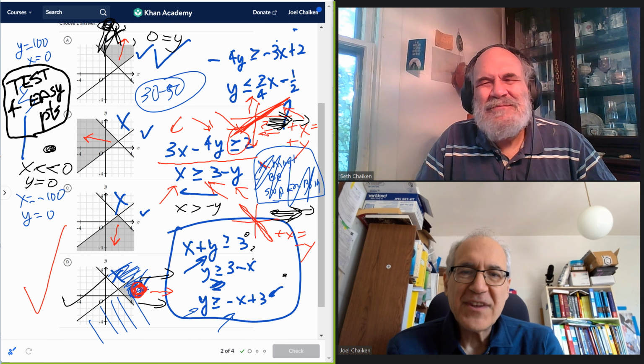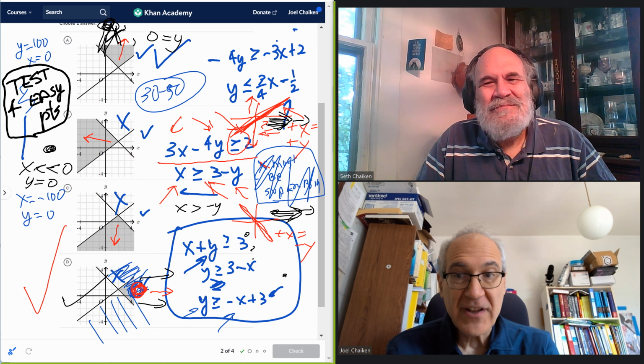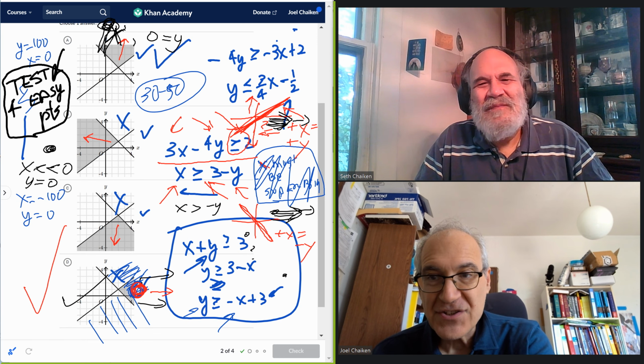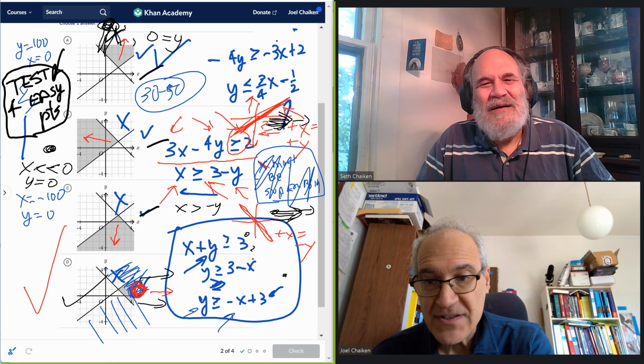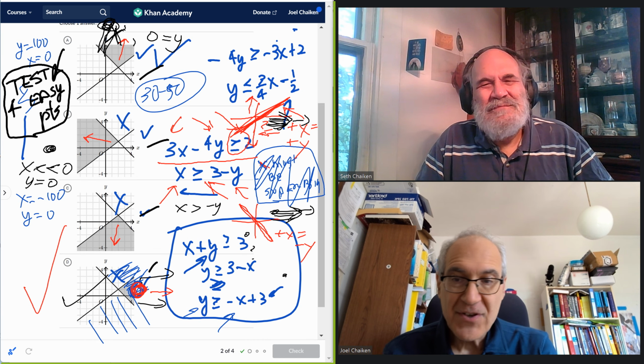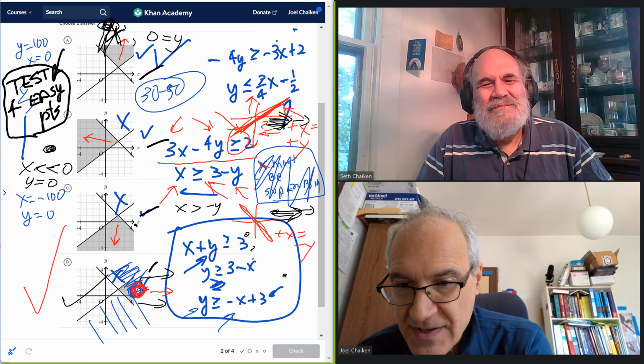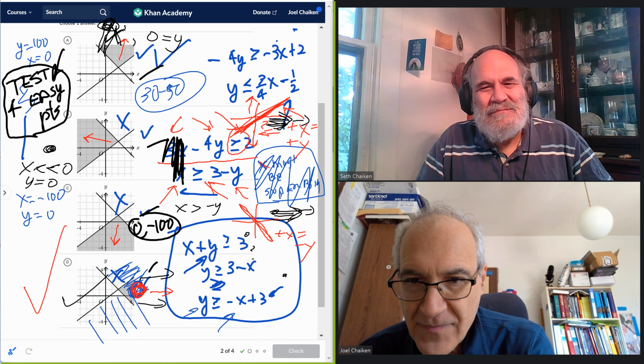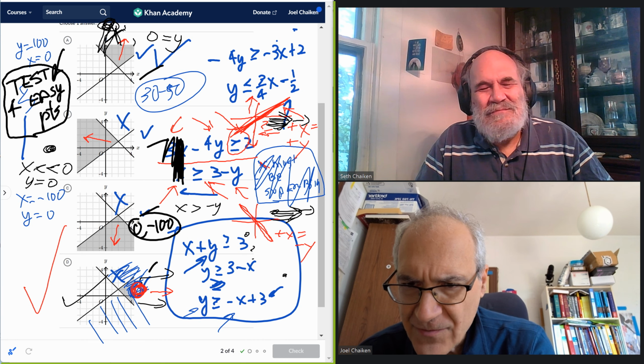I think the alternate trick of doing it straight like I did is to test 4 easy points, making the observation that each of these 4 answers are very different from each other. So let's test this one. This would be 0, negative 100. So X is 0, so we blow these off. Now, negative 100.